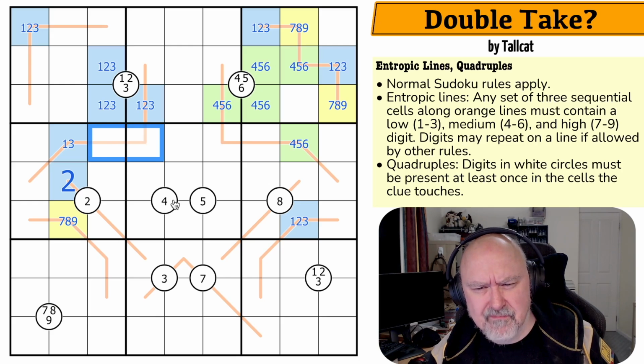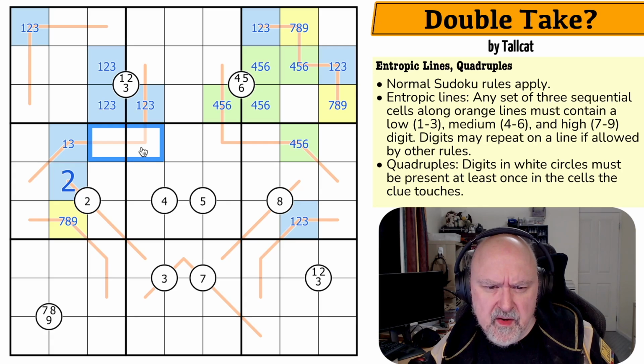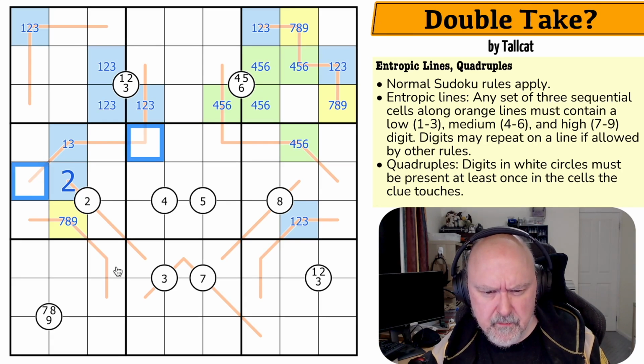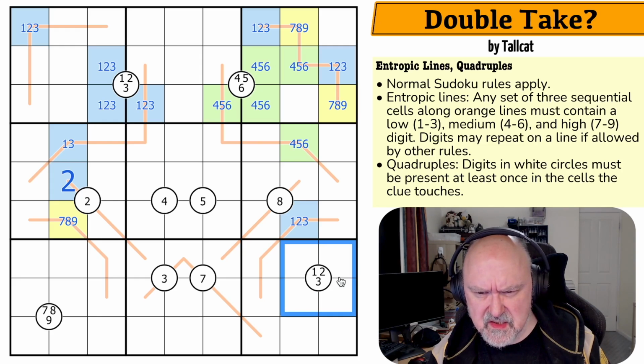These are immediate. That was medium. That would be medium. Is it something to do with this? One of these is going to complete the lows in the column.